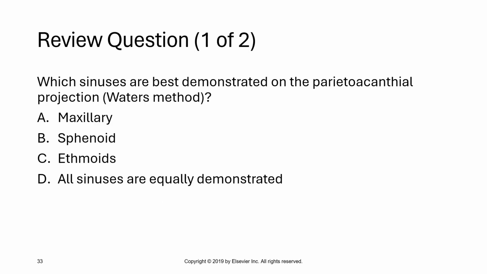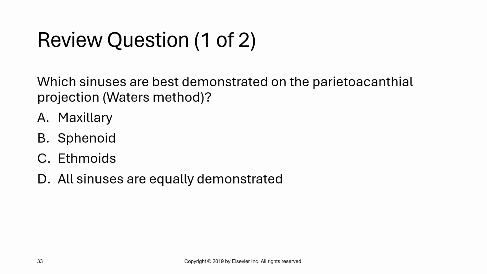Which sinuses are best demonstrated on the parietoacanthial projection, the Waters method? The answer is the maxillary sinuses, because the words best demonstrated have special meaning in the context of a credentialing question. Best demonstrated means the anatomy closest to the image receptor for whatever projection they name.